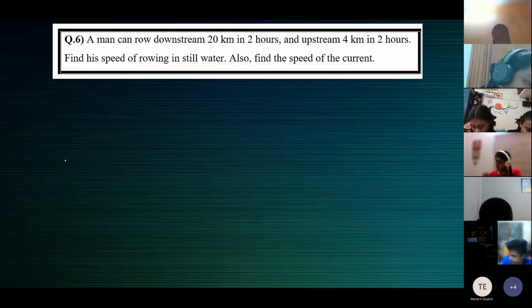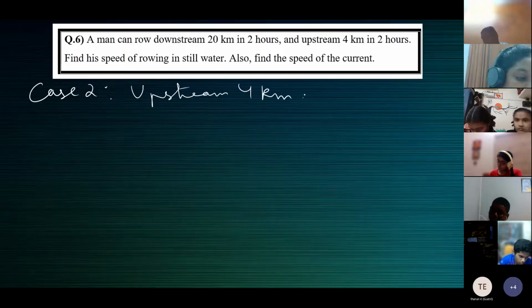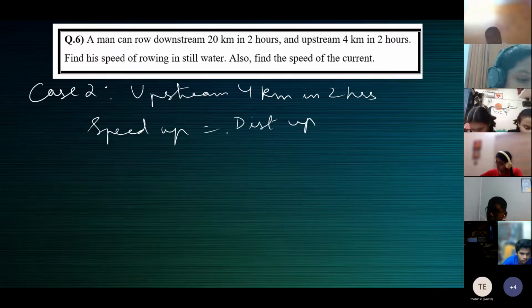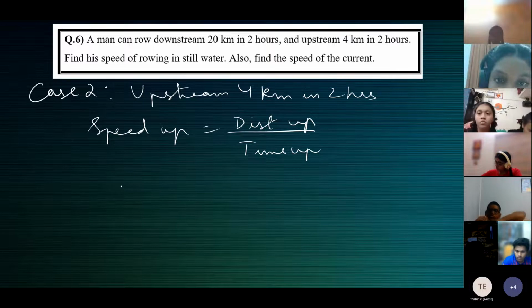Next one, case 2. Case 2, upstream, 4 kilometers in 2 hours. So write the same formula. Speed upstream is equal to distance upstream by time upstream. What's the speed upstream, children? x minus y.